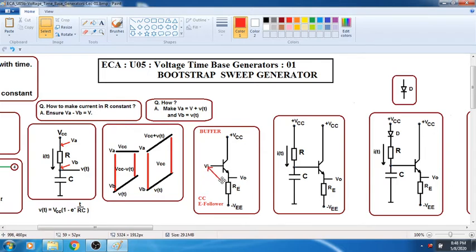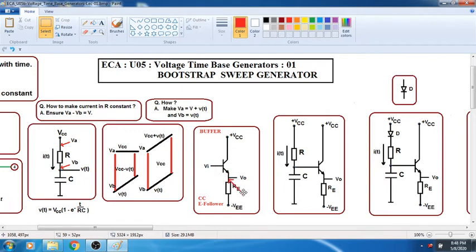At the same time, if Vi increases, then V0 will increase by 0.7 times. The base emitter difference is there. So this is the only difference. So Vi minus V0 will always be 0.7, and when Vi increases, V0 will increase. When Vi decreases, V0 will decrease by the same voltage, no difference.